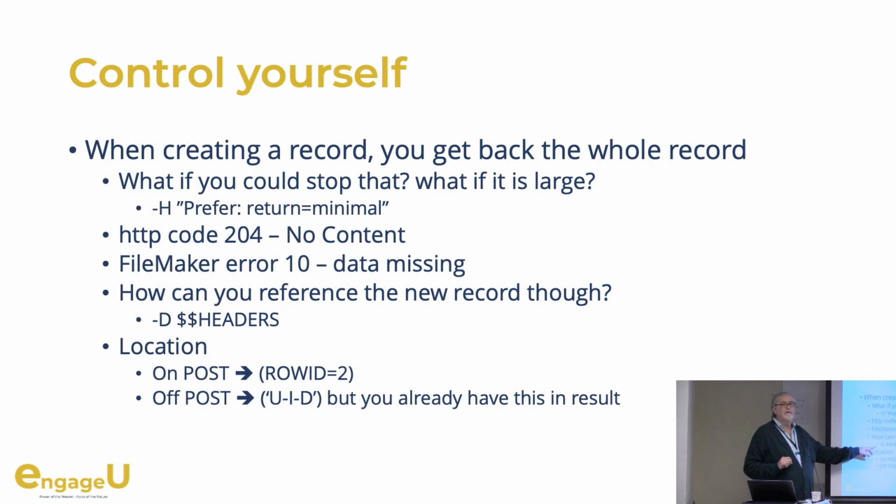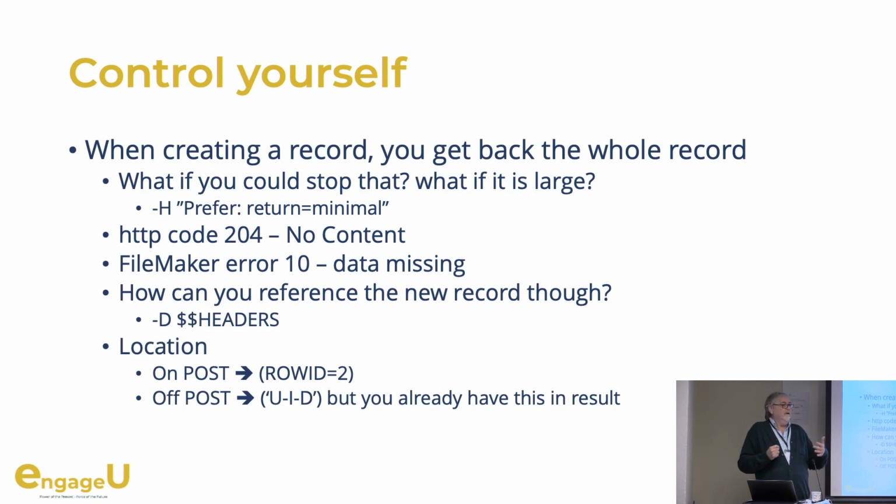In the headers that you get back, if you dump the headers into a global variable, in my case like this, there is something very interesting in there. When you have created a record, when you've posted the data to the record, you might see a header which contains a row ID value. That's the equivalent of FileMaker's internal get record ID.